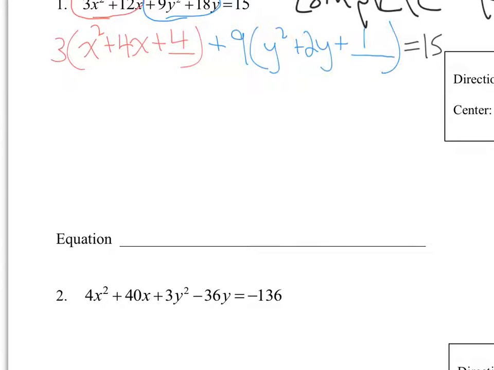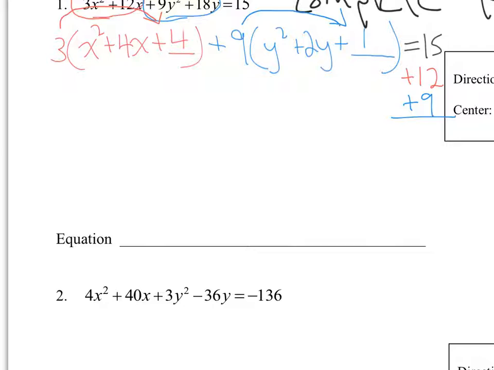So really, we are adding 12 to this side, because we have to actually distribute. And we have to do the exact same thing with the 9. I have to distribute that 9. So that's 9 times 1, so therefore we add 9 to this side. So this is just like completing the square before. This is not anything new.